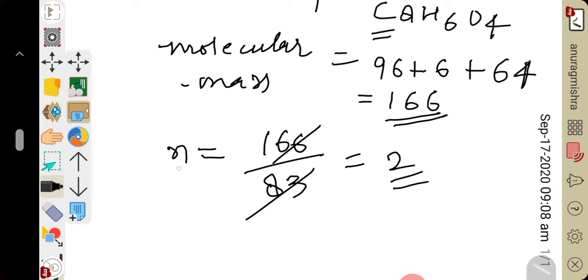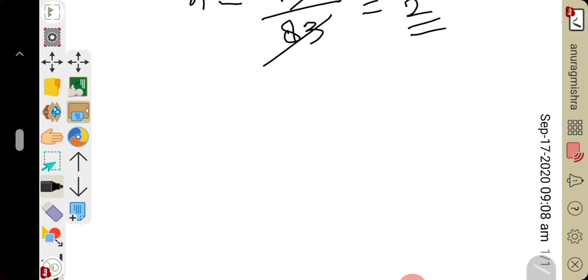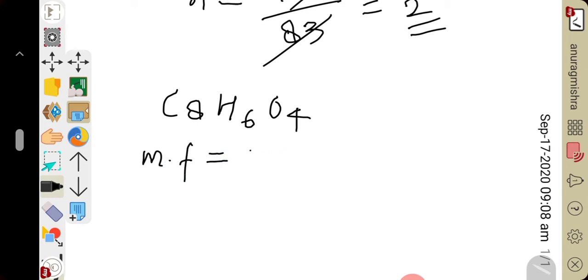So number n is equal to 2 here. What will be the empirical formula? Let's see. Molecular formula is given, C8H6O4. We all know, in short I am writing, molecular formula is equal to n into empirical formula.